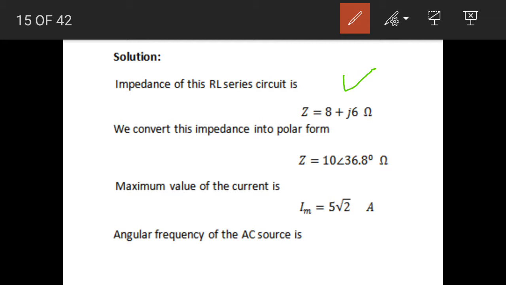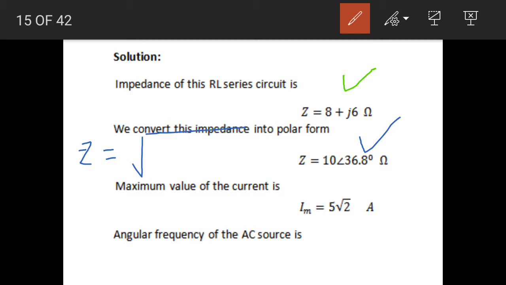We know that the impedance of this RL series circuit will be equal to 8 plus j6 ohm, which is in rectangular form. If we convert this rectangular form into polar form, then the magnitude of this impedance is 10 ohm, and the angle of this impedance is 36.8 degree. We can calculate the magnitude of the impedance with the help of this particular equation as well.